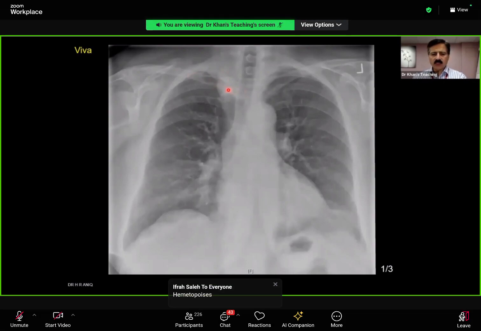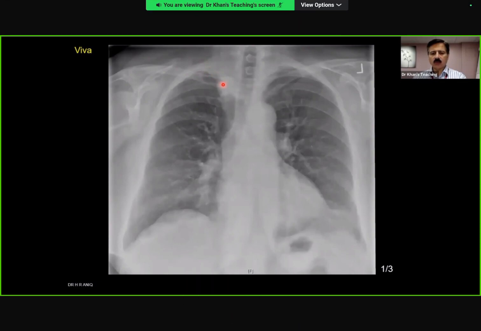Now there is a widening of the paratracheal stripe, but more superior to the level of the clavicle, you see this mass. Now this is cervicothoracic sign. What is cervicothoracic sign? Basically, if you go back to your anatomy, superior to the level of the clavicle, the lung is quite narrow. So if a mass is anteriorly placed, there is no air anterior to the mass, and that mass will not be well defined.